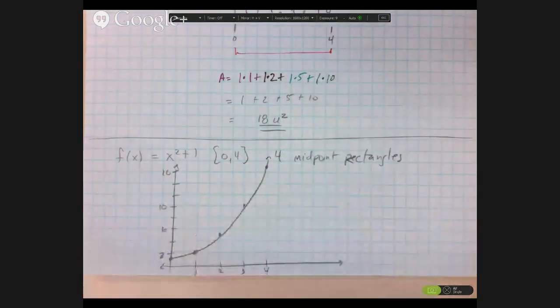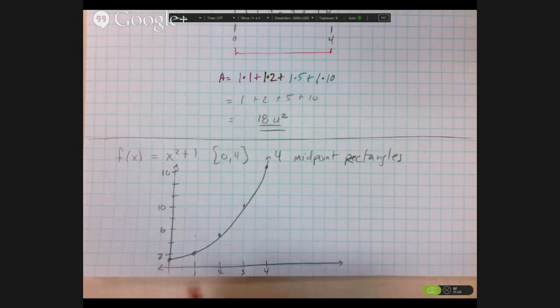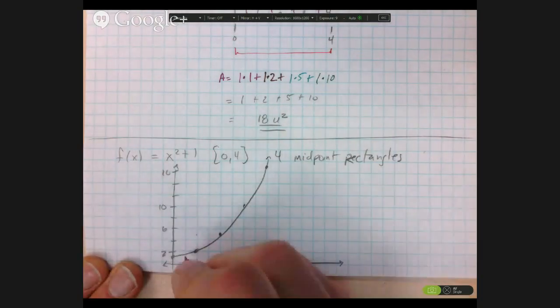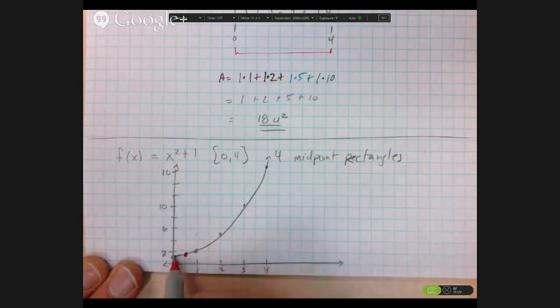Okay, thanks. Everybody got one? They're all front to back, hopefully. Okay, if I want to do midpoint rectangles, what do you think we're going to hit? Middle. Yeah, instead of 0 or 1, it's going to be right in the middle at 1/2. So my rectangle is going to be half tall.